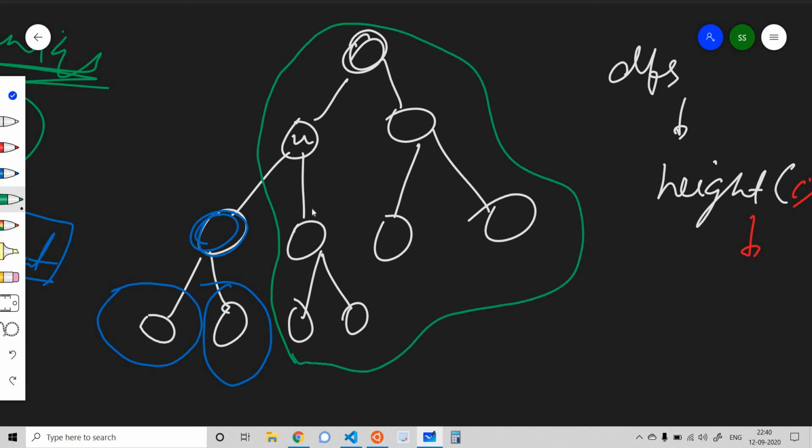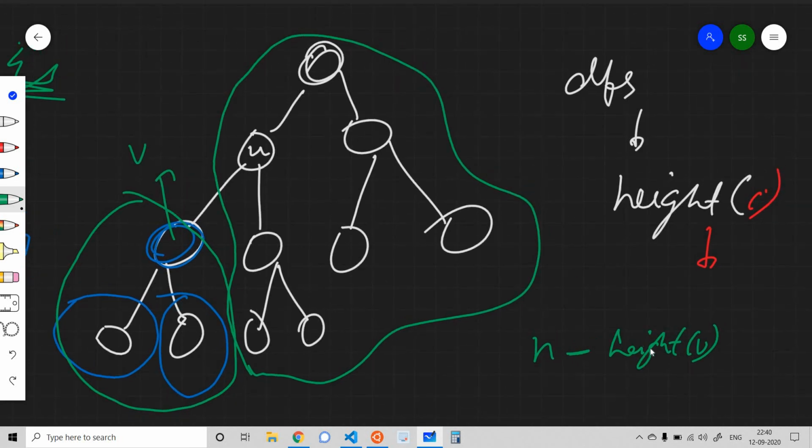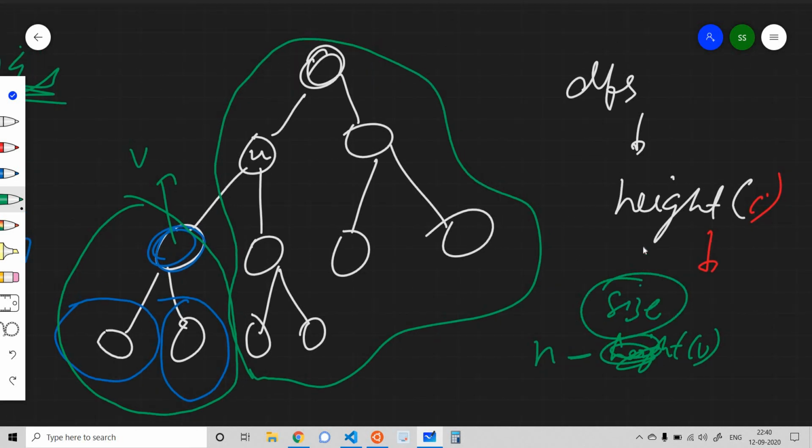But how can we find out the size of this subtree? As we know that the total number of nodes in our tree is equal to n, and we know the size of this subtree. Let's say this node is v, so what we can simply do is n minus height of v. Then n minus height, sorry, not the height, I've used the size.